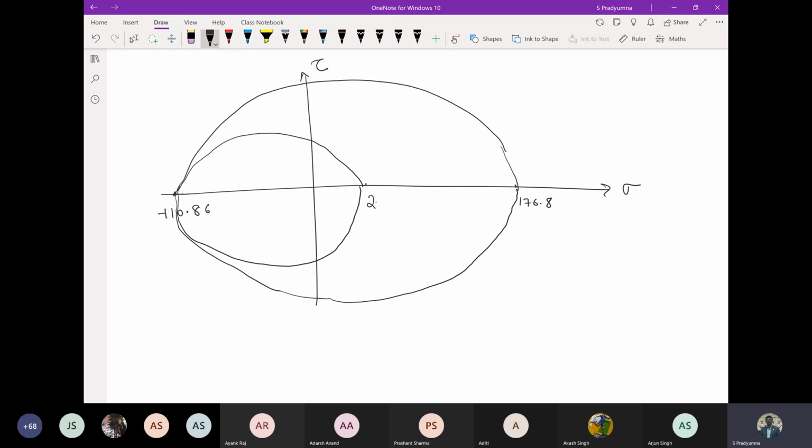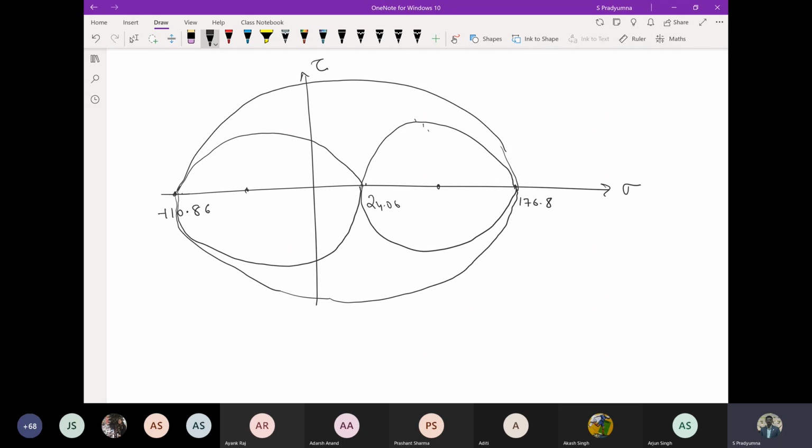This is the value of 24.06, and the third circle. So these are the points I have.